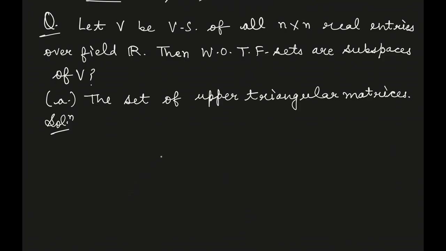So firstly tell me, what is the upper triangular matrix? The entries below the main diagonal are 0. So I can simply see like this without any calculation. This is an upper triangular matrix, another upper triangular matrix.